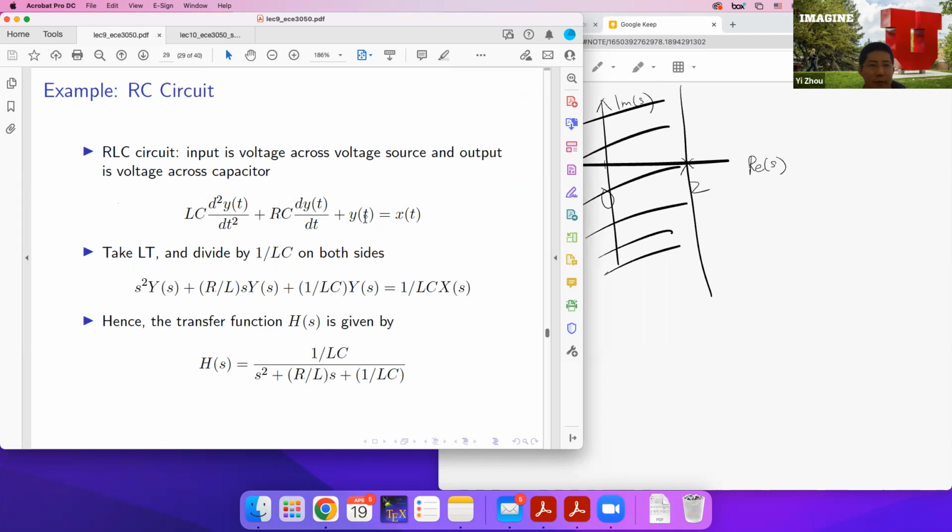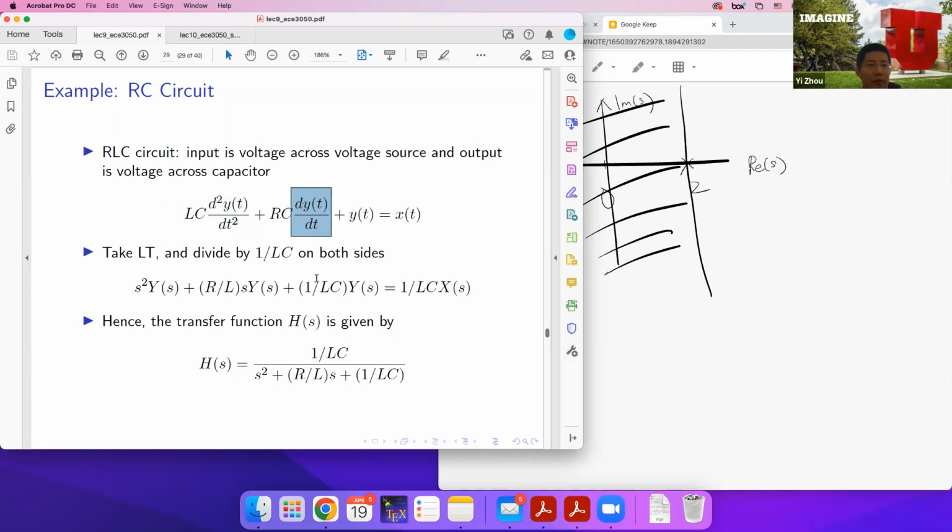I believe Y is the current, and X is the voltage. For this differential equation, we take the Laplace transform on both sides and rearrange the equation a little bit. The second order differentiation becomes s squared times Y(s).